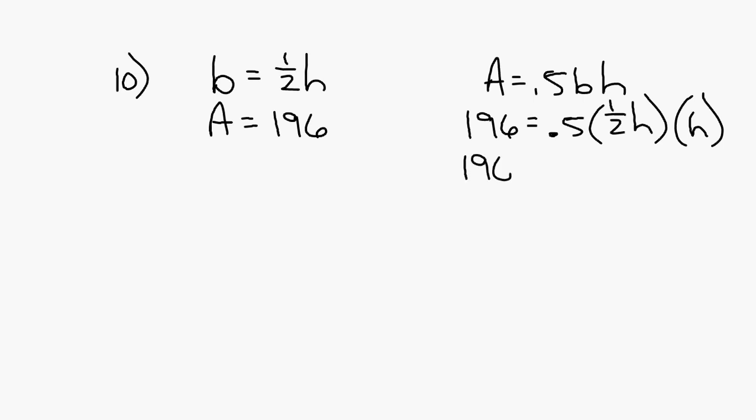That's 1/4. And h times h is h squared. If you divide both sides by 1/4, 196 divided by 1/4 is 784 equals h squared.